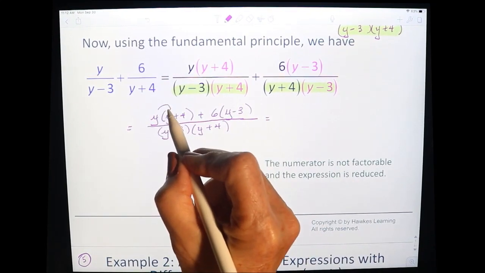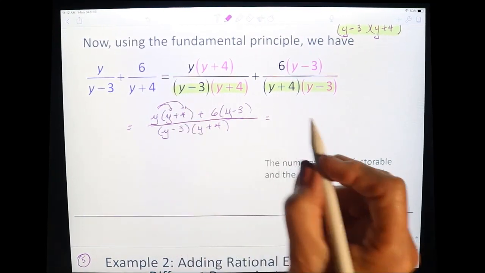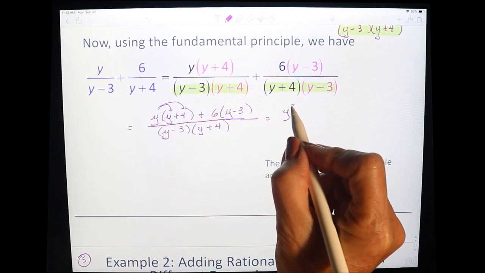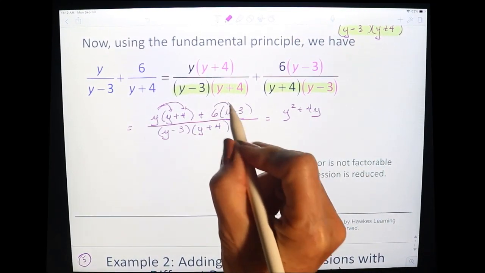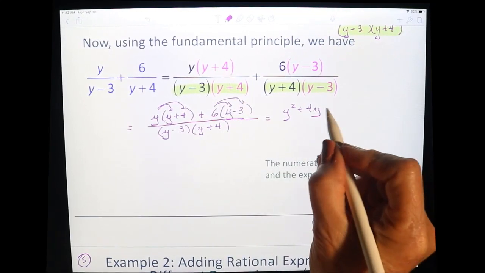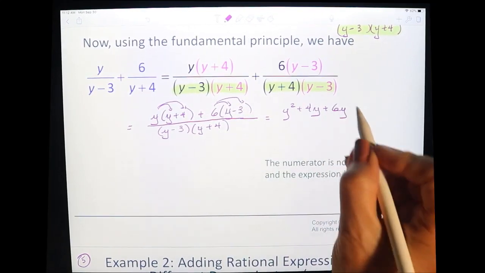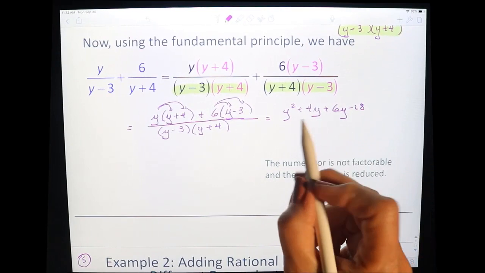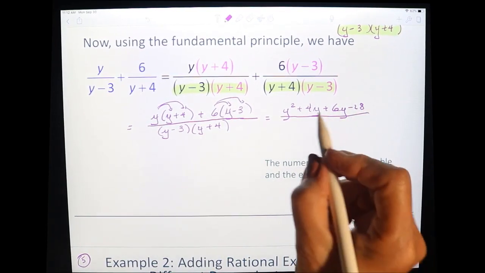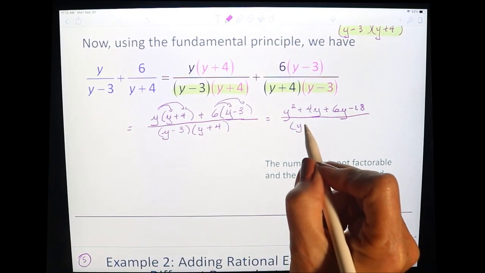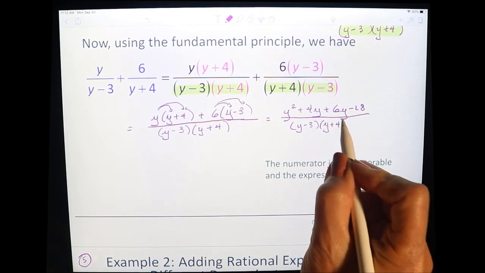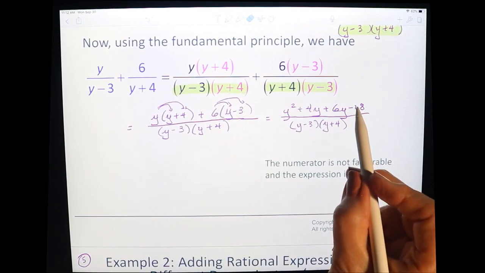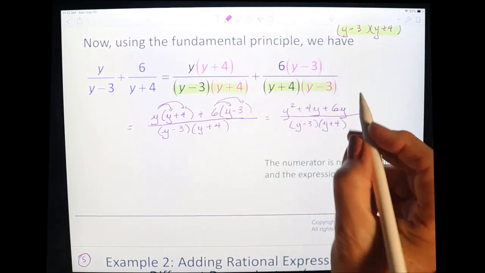So I'm going to distribute this y. And I'm going to distribute this 6. And then it becomes just kind of a copying process where you have to tag along and bring this common denominator as you sort of work out the numerator. Clean that up a little bit.